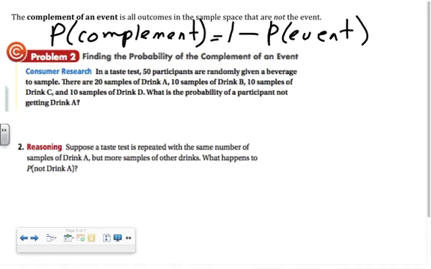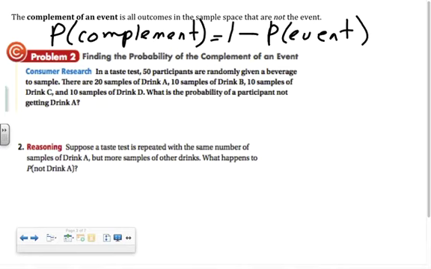So in a taste test, 50 participants are randomly given a beverage to sample, and we are told the amounts of the different kinds of samples. And so we are asked, what is the probability of a participant not getting drink A?